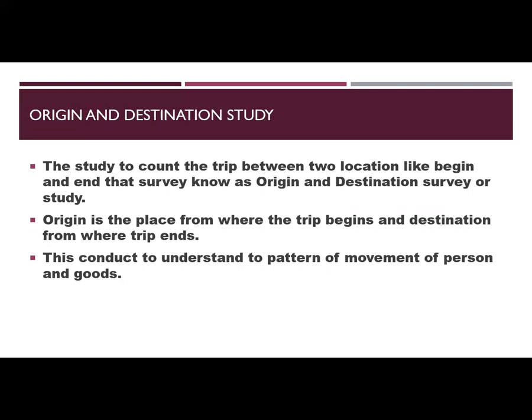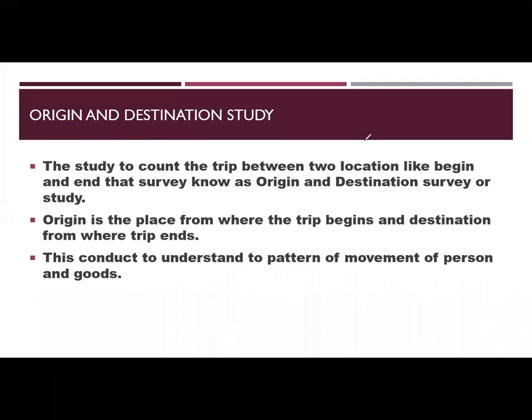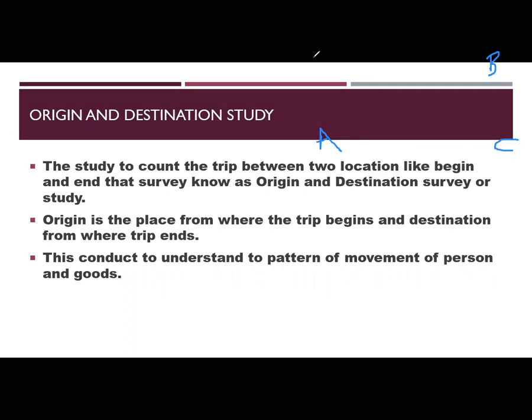The origin and destination study actually shows you the number of trips. Okay, what is meant by trips? Suppose there are positions A, B, and C. Consider one vehicle which travels from A to B and then returns to position A. That one round is considered as one trip.